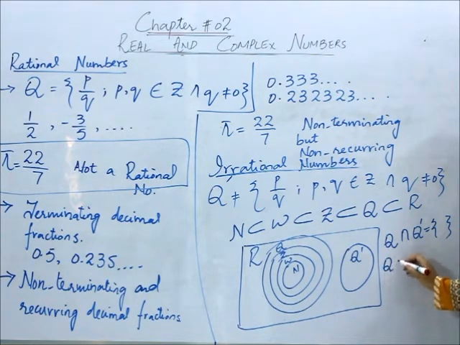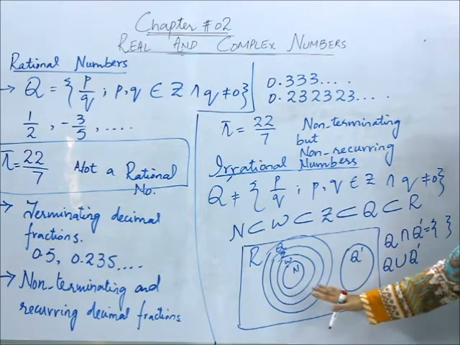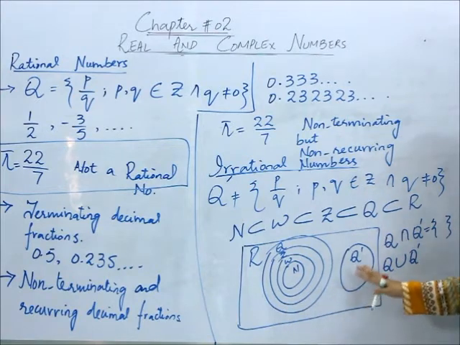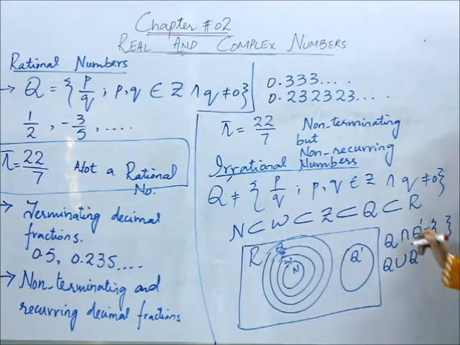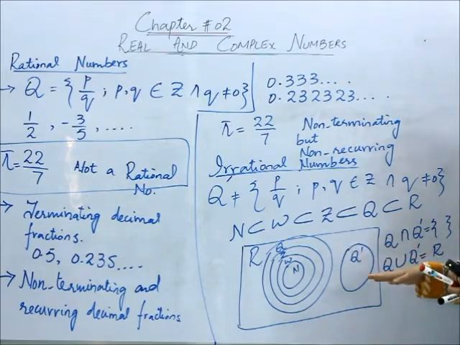Similarly, the union of the rational and the irrational, what would it be? When we combine rational and irrational, it becomes the set of real numbers. Fine?